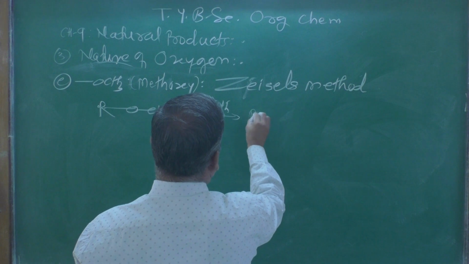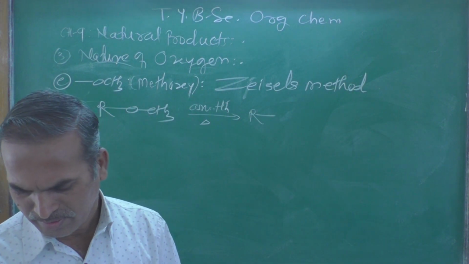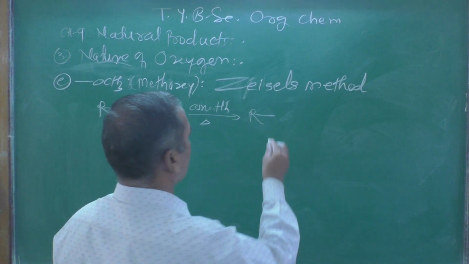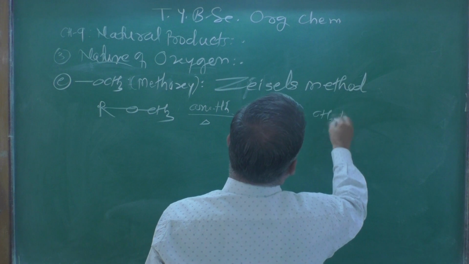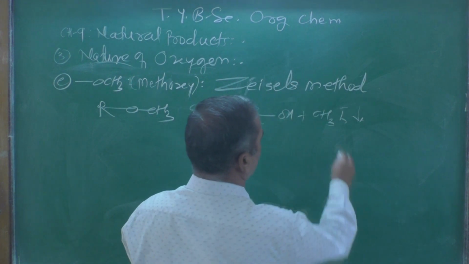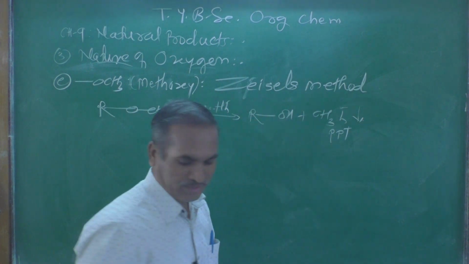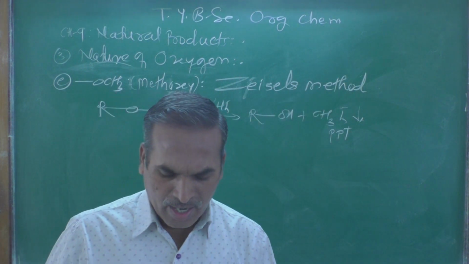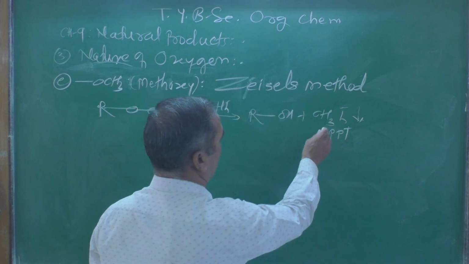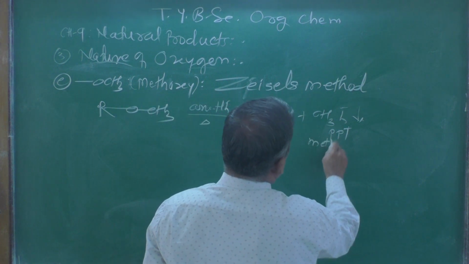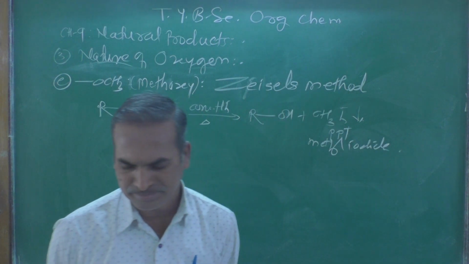You are going to get ROH plus methyl iodide, CH3I. This is in the form of a precipitate, a PPT we got over here. And the resulting product is methyl iodide.